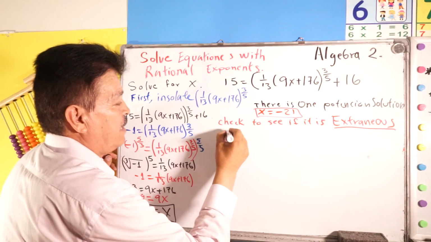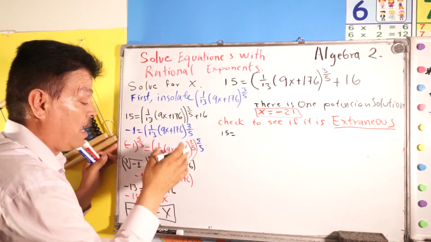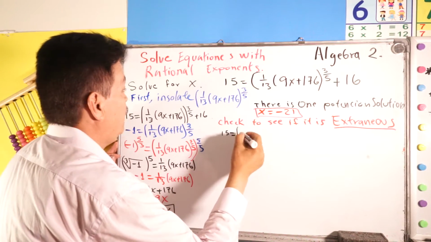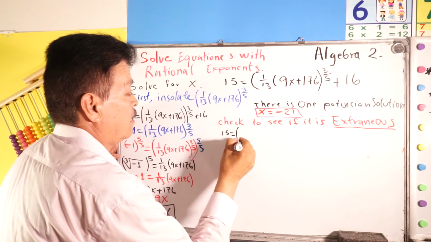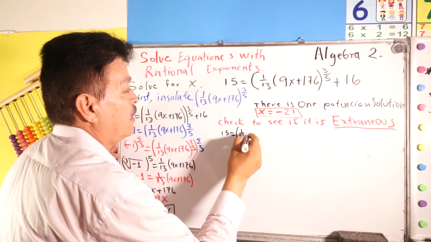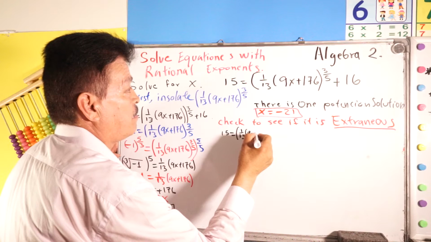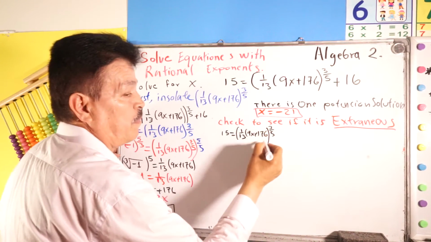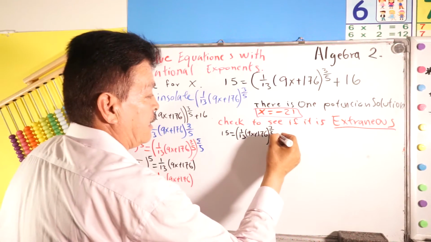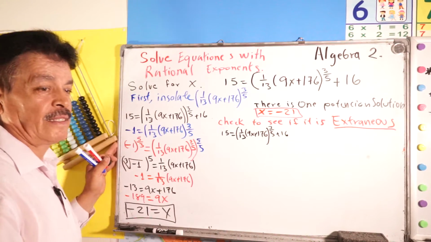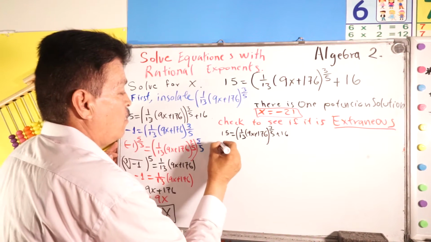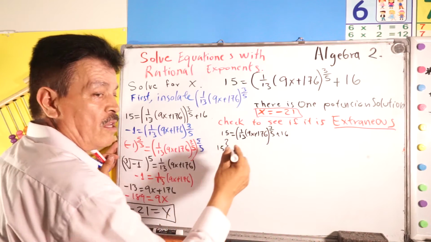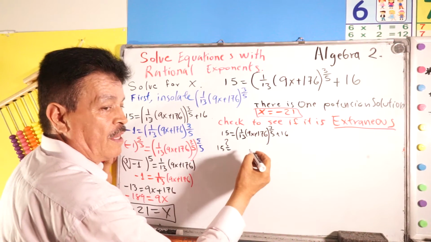So write 15 equals 113 times 9x plus 176, to the 3/5 power, plus 16. I will prove the whole process.